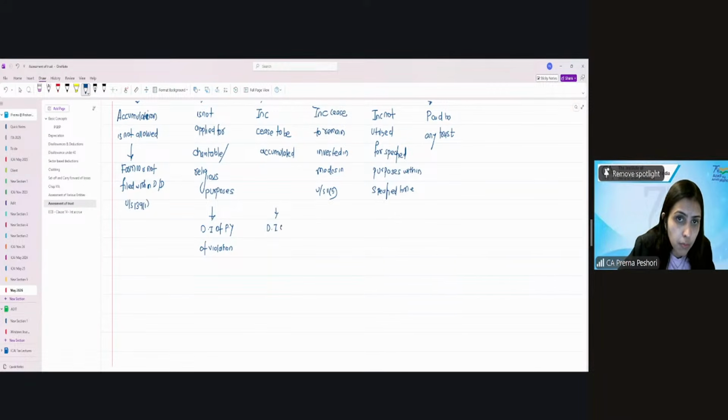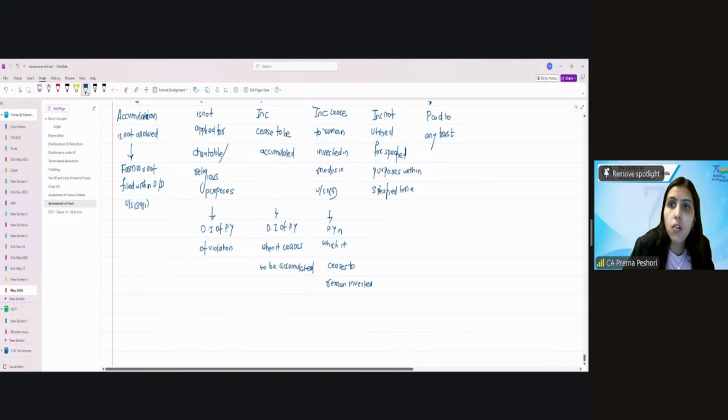Here it will be deemed income of the previous year when it ceases to be accumulated, or the previous year in which it is invested, or you can write like this, the specified previous year.